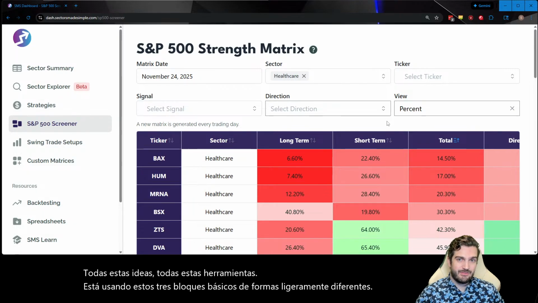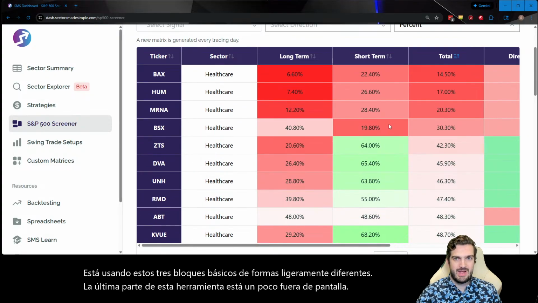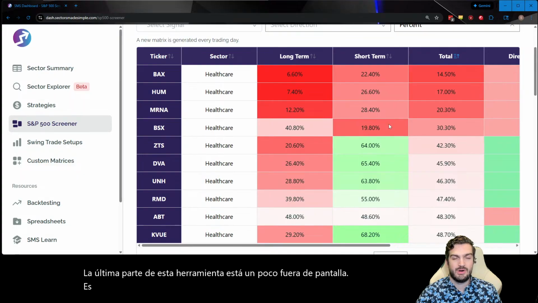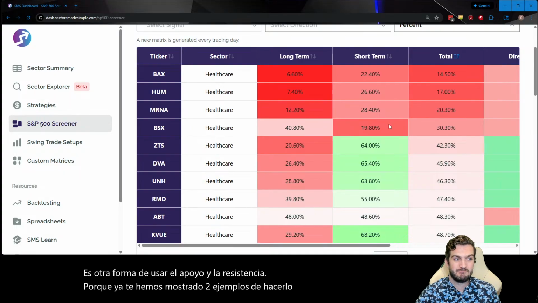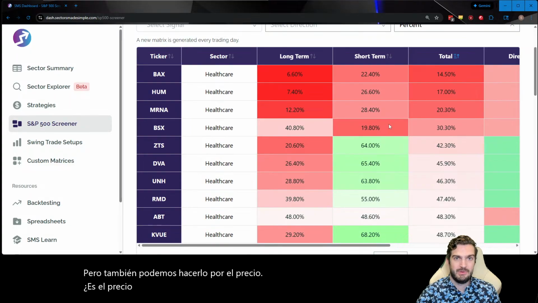The last part of this tool that is just a little bit off screen is another way that we can use support and resistance. Because we've shown you two examples now of doing it for relative strength, but we can do it for price too. Is the price in an uptrend? Is the price going up?